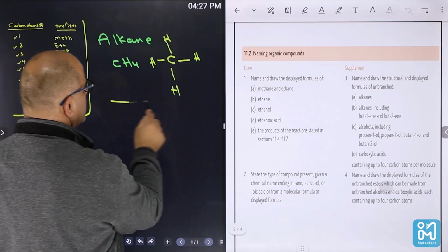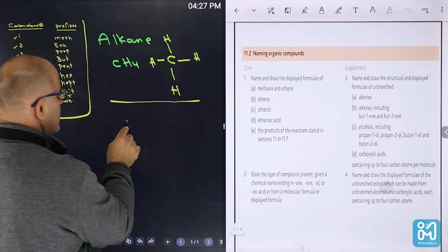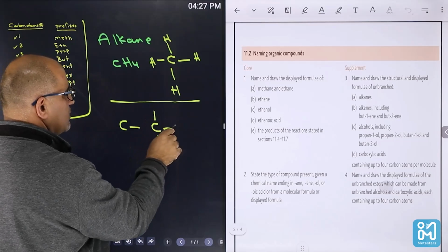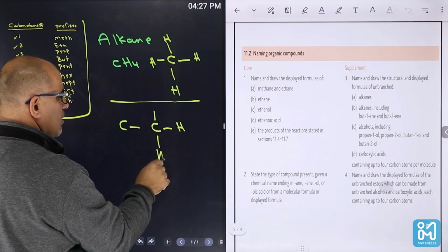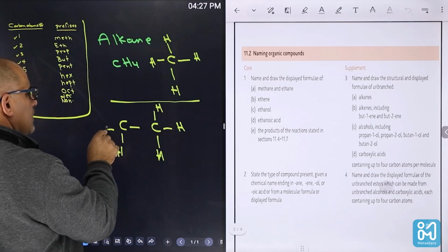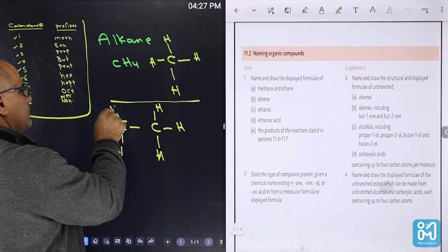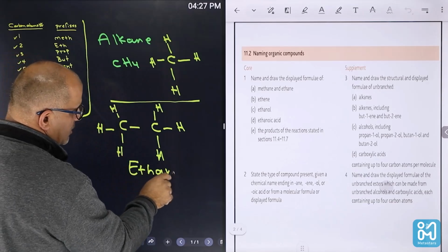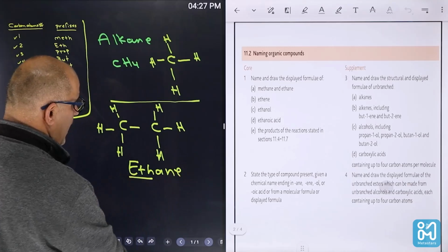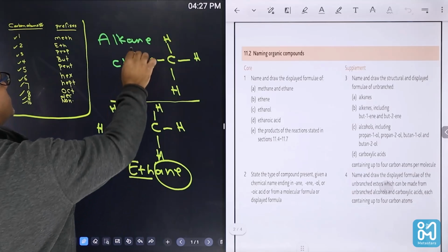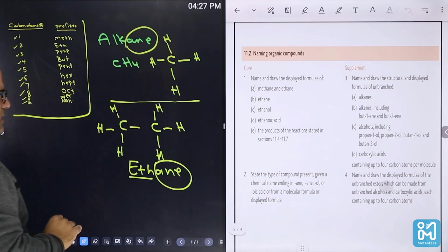Now, for the second alkane, we can draw 1, 2 carbons and then complete them with hydrogens like that. That's what is known as ethane. So we used the prefix eth, and because it's an alkane, the suffix used is ane.